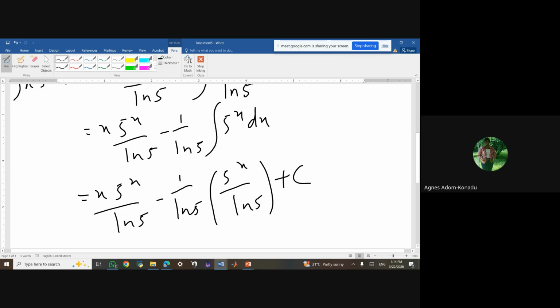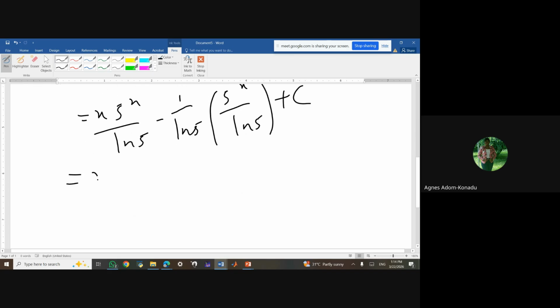Then plus my c. So the final answer is x 5 to the power x over ln 5 minus 5 to the power x over ln 5 squared plus c.